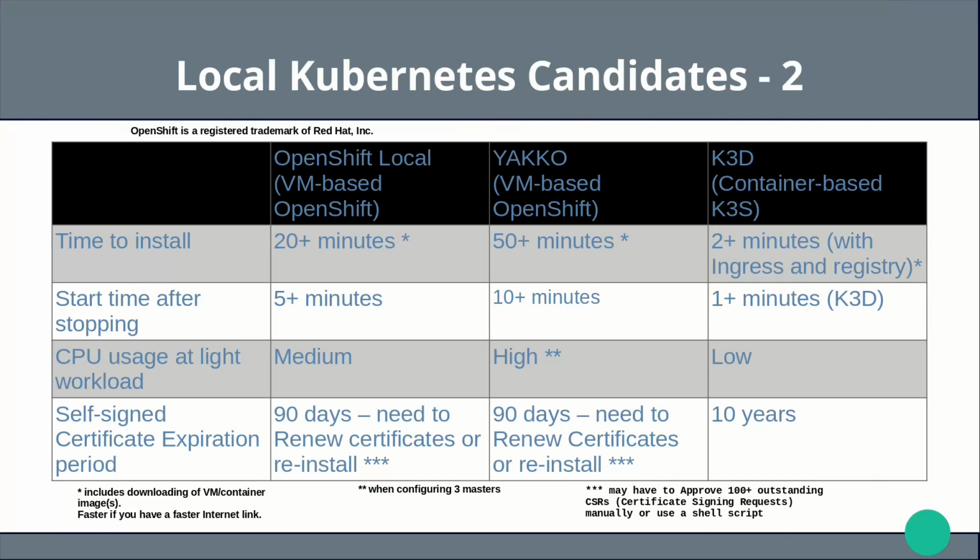But it was a mistake because it uses almost 40% of a 20 CPU machine. For container-based K3D, CPU consumption is really low even on an 8 CPU machine. It uses less than 10%.